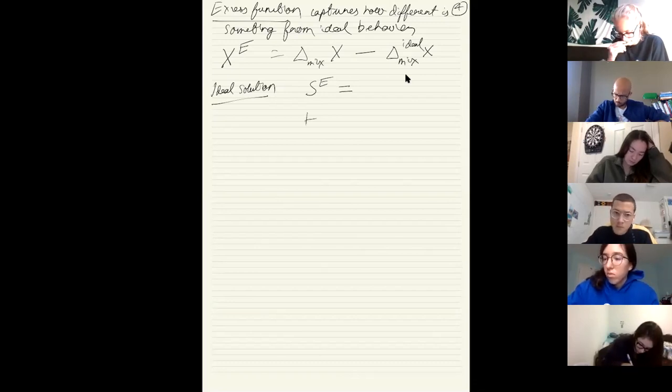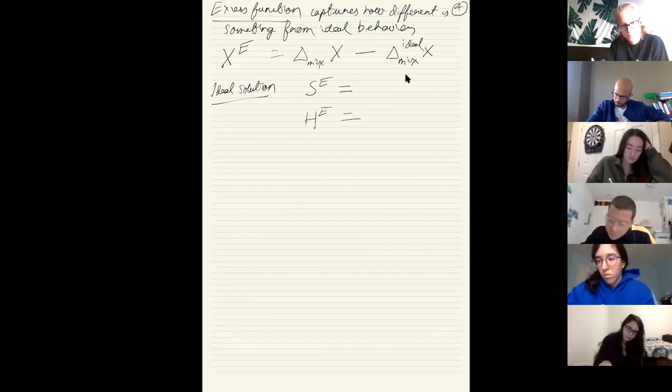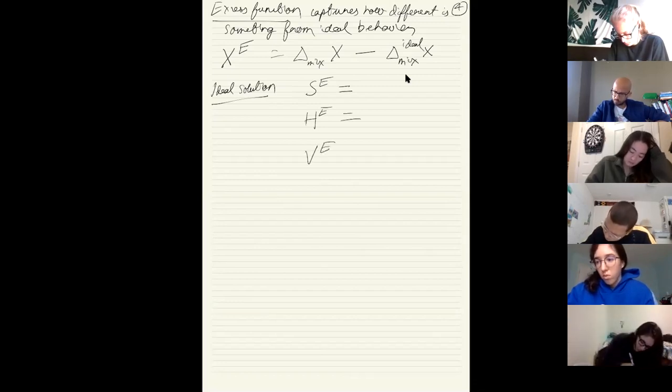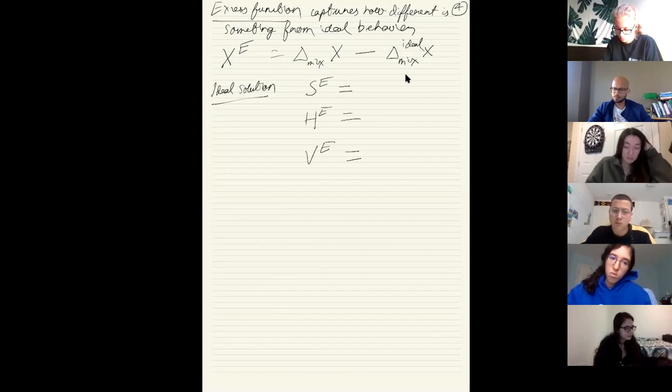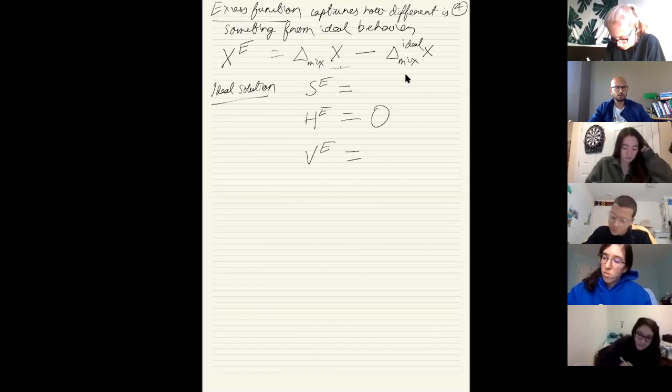I want you to think about excess enthalpy for an ideal solution. And I want you to think about the excess volume for an ideal solution. Let's start with excess enthalpy. What is it for an ideal solution? This is 0. Why is it 0? Because both terms are 0, right? For an ideal solution, everything is 0.